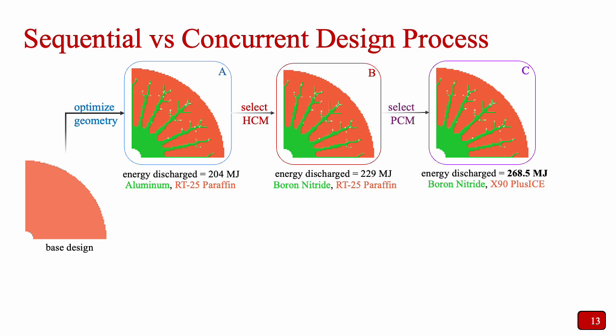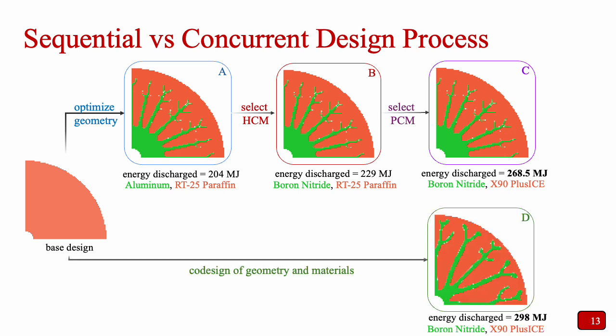In our example, we see a design as illustrated in panel C with boron nitride as our HCM and X90 plus ICE as our PCM.